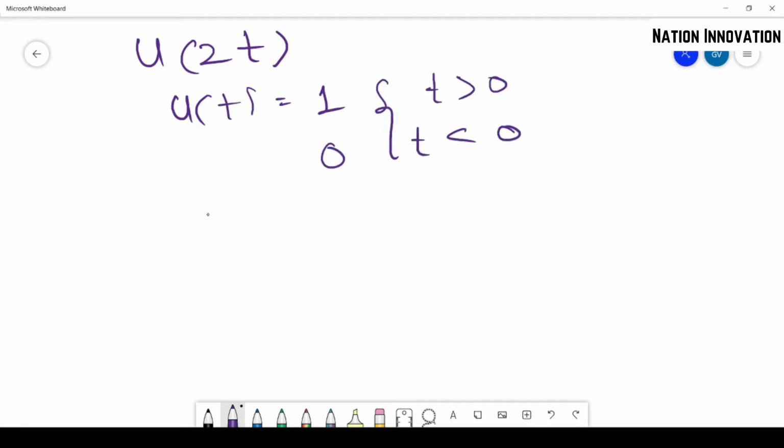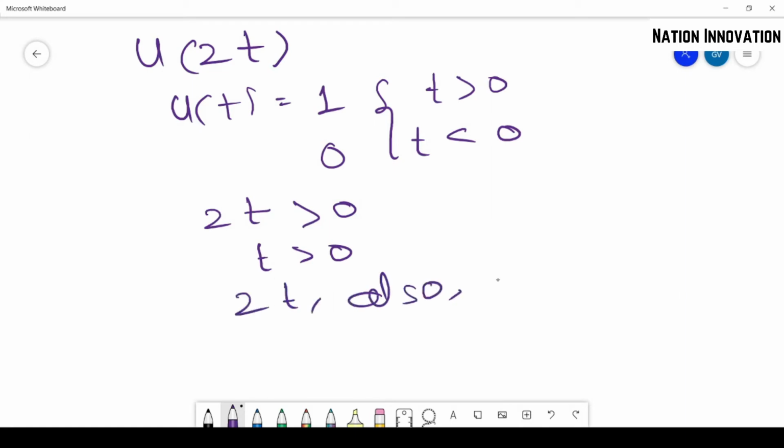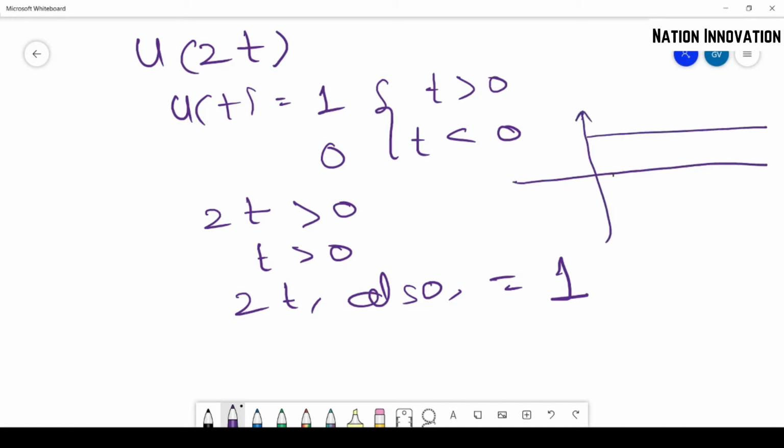If I take 2t greater than 0, that means t greater than 0, so for 2t also this will be 1 only. So u of 2t will also be defined like this only, at t equal to 0, and this will be 1. This will be u of 2t.